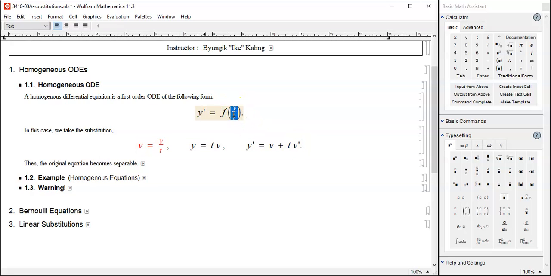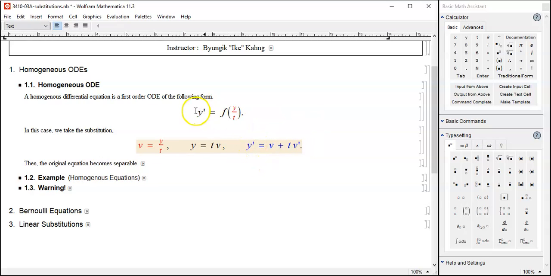This will be v, and then we need y prime, so we'll have to take the derivative. But if you take the derivative here, you have quotient rule, and how do you solve for y prime? That's really messy. Better to solve for y first, flip it over, and then take the derivative using the product rule. You see, y prime is the derivative of the first function times the second function plus the first function times the derivative of the second function. It's a product rule.